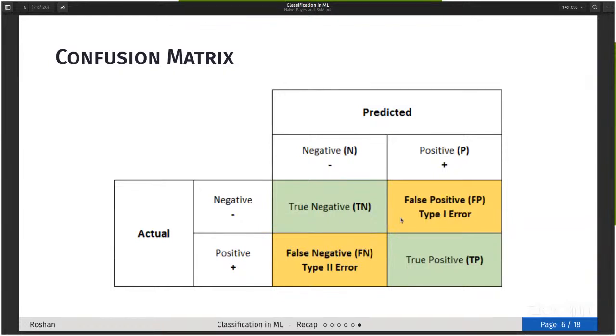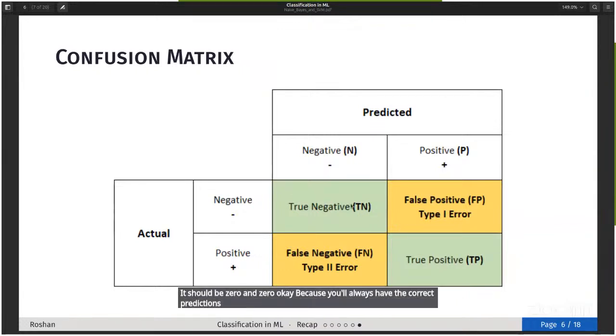It should be 0 and 0. Because you'll always have the correct predictions, where you would have gotten true negatives and true positives instead of false positives and false negatives.